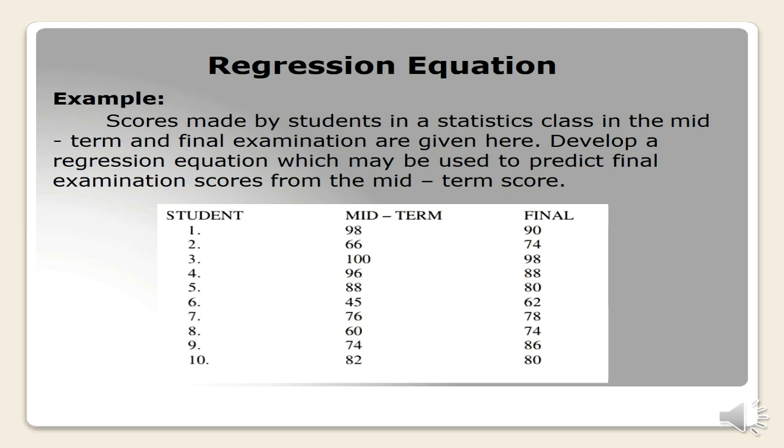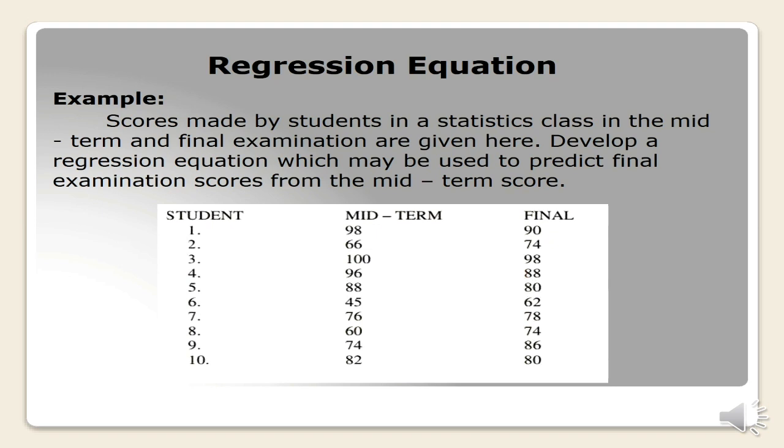Example of regression equation. Scores made by students in statistics in the midterm and final examination are given here. Find a regression equation which may be used to predict final examination scores from the midterm score.